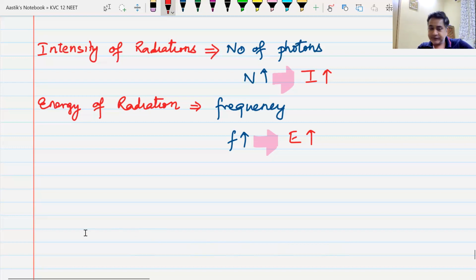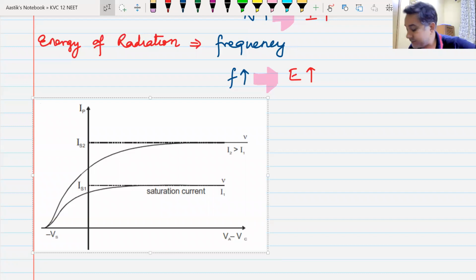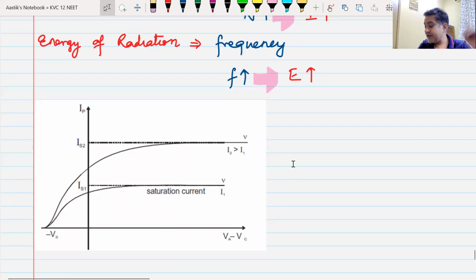Can anyone tell me orally how the graph will look? The graph looks like this. Now remember, here I have made two radiations fall.